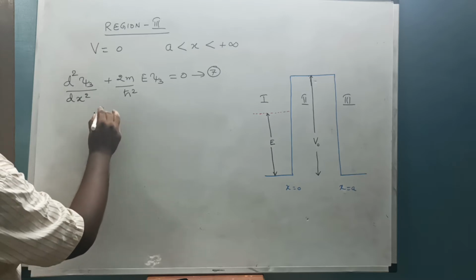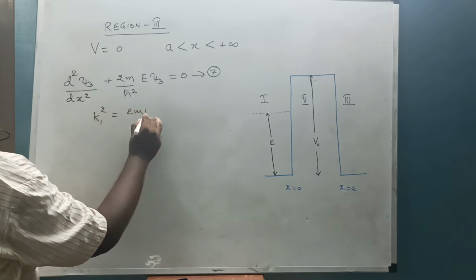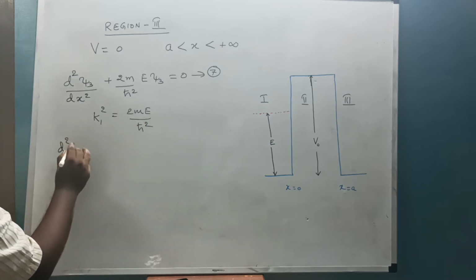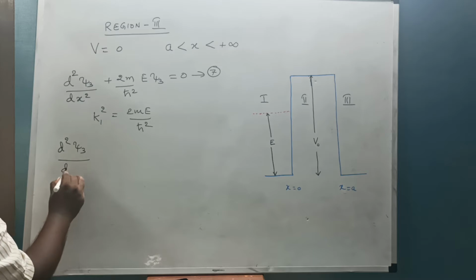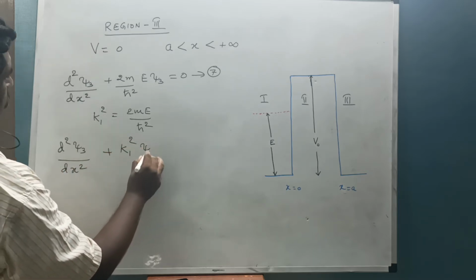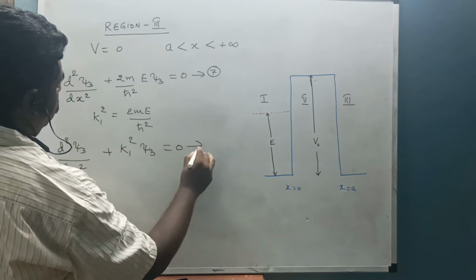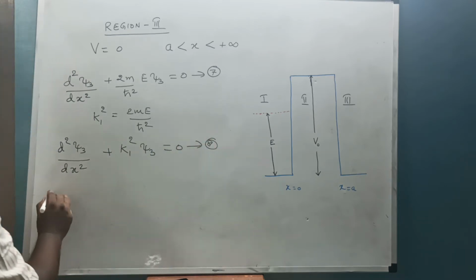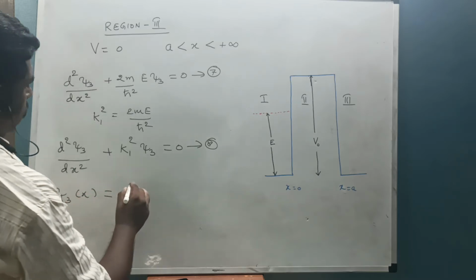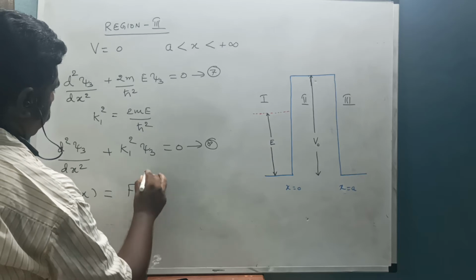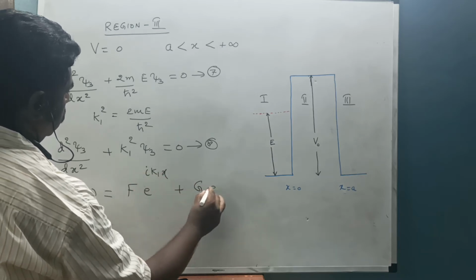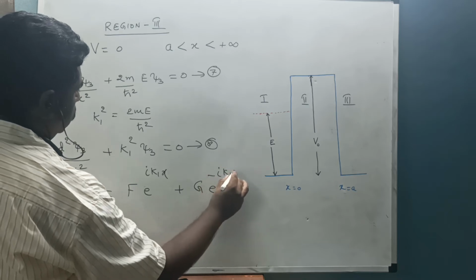Here k1 square is equal to 2mE by h cross square. Therefore, d square psi 3 divided by dx square plus k1 square into psi 3 equal to 0. This is equation number 8. Then the solution is psi 3 of x equal to f into e power i k1x plus g into e power minus i k1x.